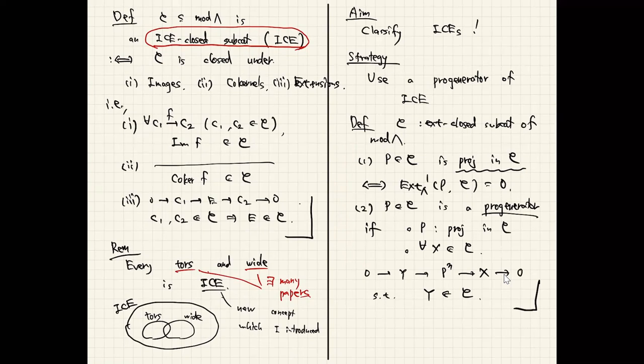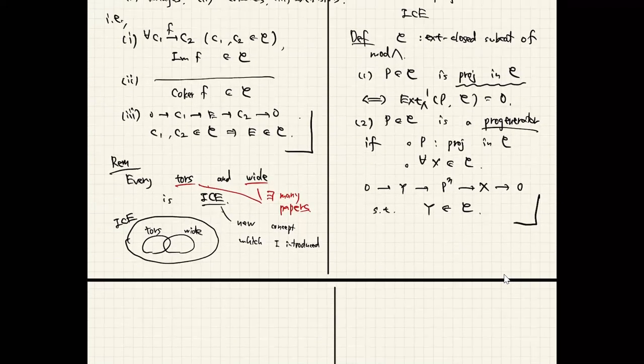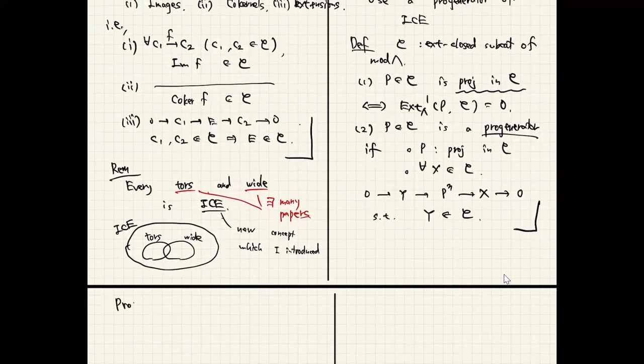And one of the reasons why I started to consider ICE-closed subcategories is that if an ICE-closed subcategory C has a progenerator, then it can be recovered from this progenerator. So we have the following proposition, and it's very easy to prove.